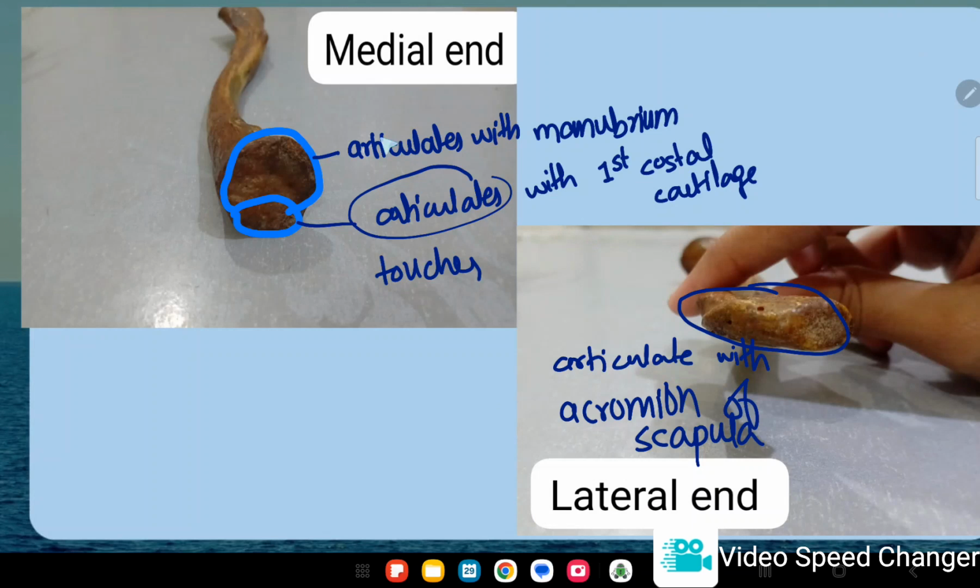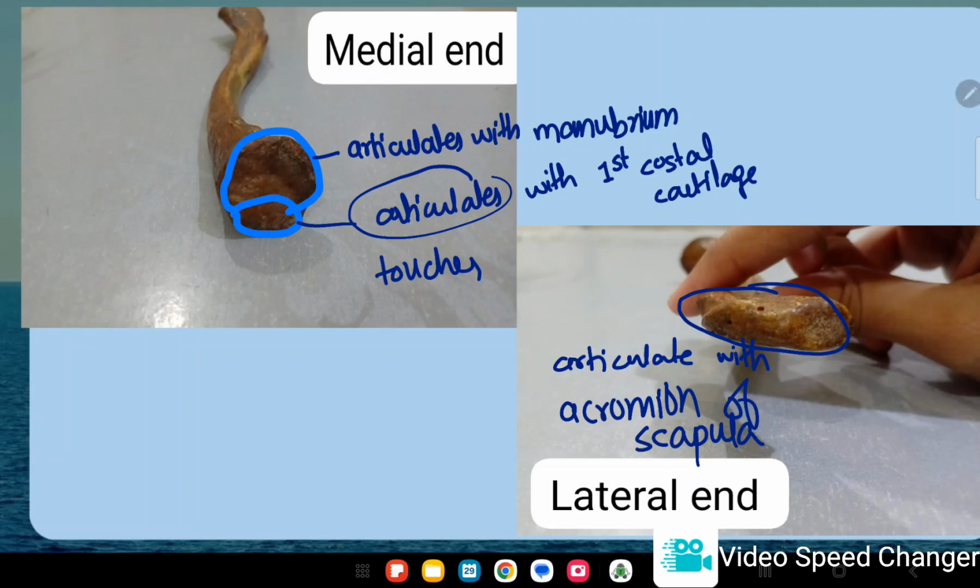The medial end is quadrangular. It is big in size as compared to the lateral end, which is flat and small. The medial end has an articular facet to articulate with the manubrium. The manubrium is a part of the sternum.